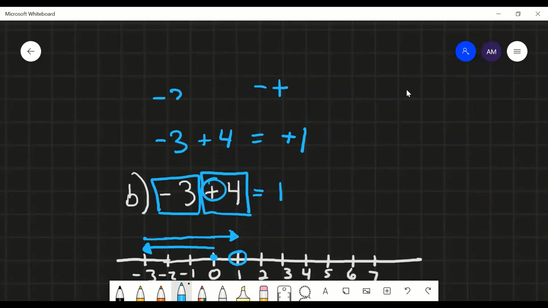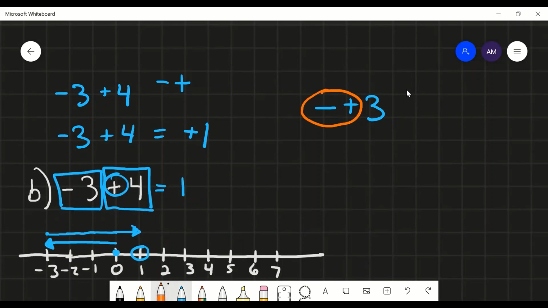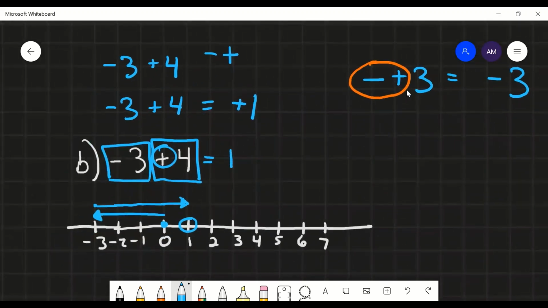We saw a -3 and then a +4, but we never saw a minus directly next to a plus. If instead I saw something like, let's say, minus +3, maybe there are brackets, maybe there aren't. The brackets don't really change the outcome. That's when the minus and the plus would combine, and then they form a minus. So that's what that means. Please do not get these two things confused.